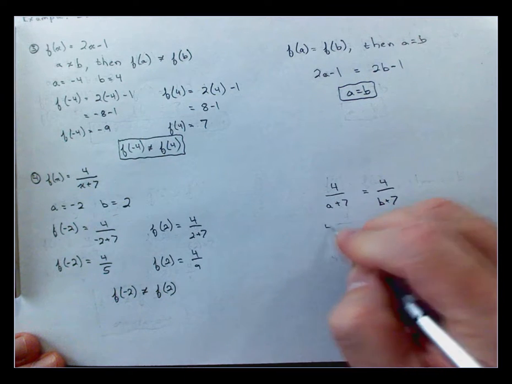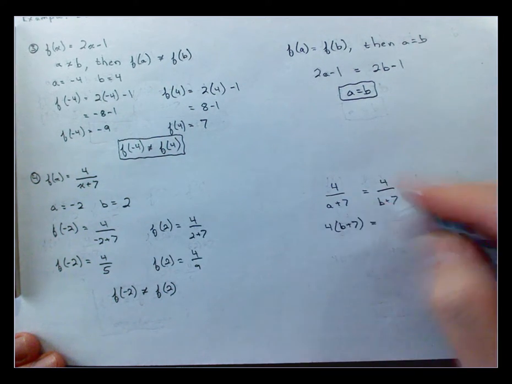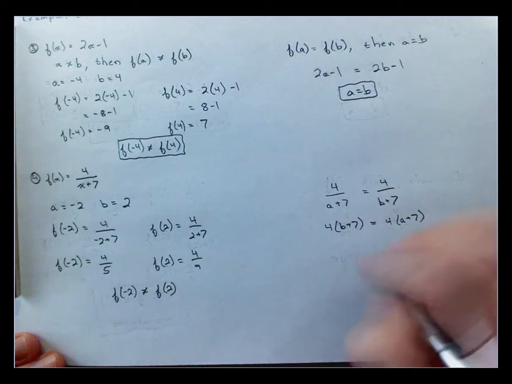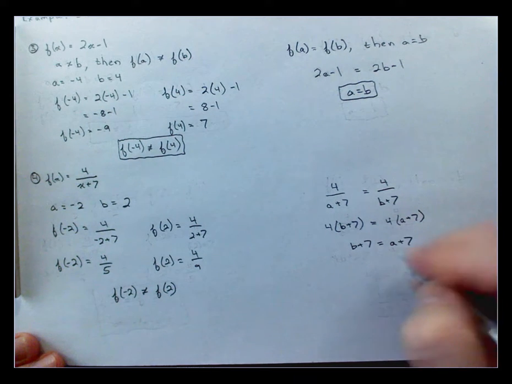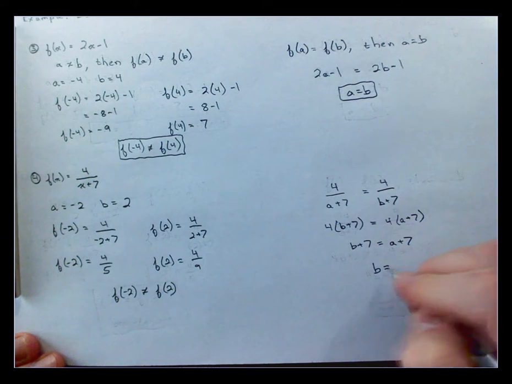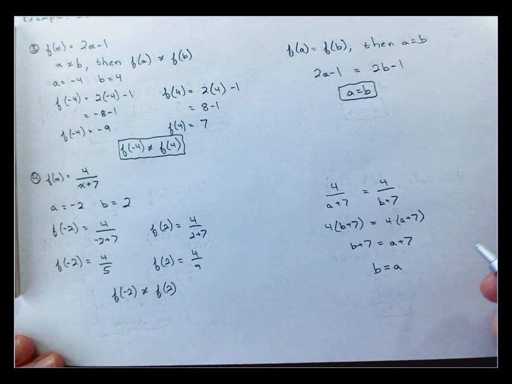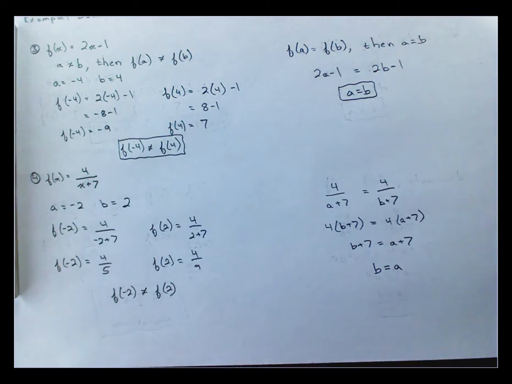And we'll say 4 times B plus 7 equals 4 times A plus 7. I'm going to divide both sides by 4. I'll write these out in more steps. I'm going to subtract 7 from both sides, and I end up with B equals A. Therefore, one to one.